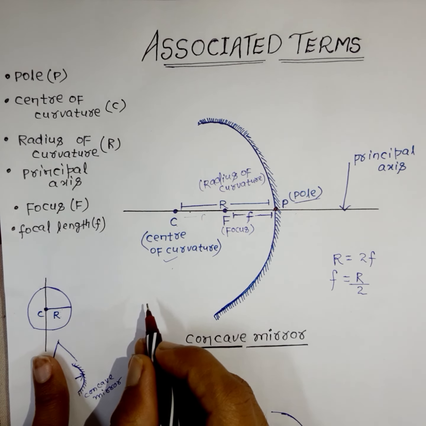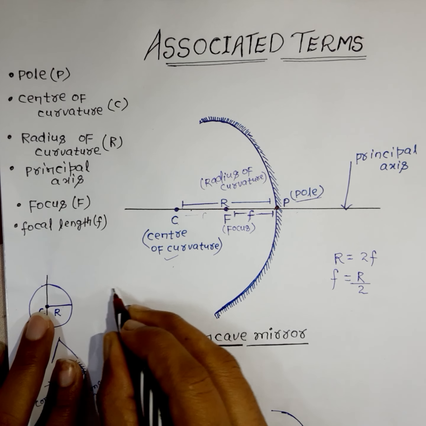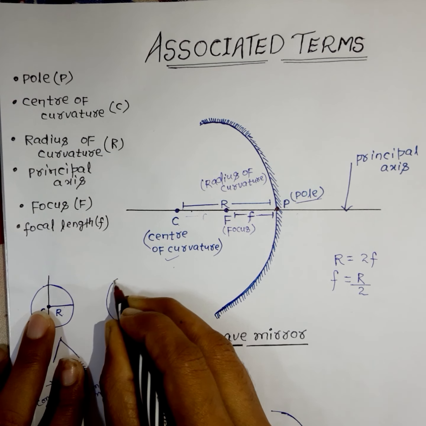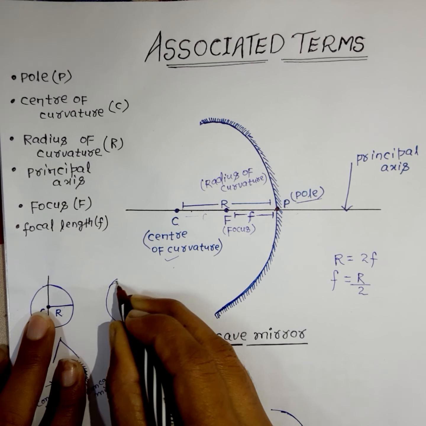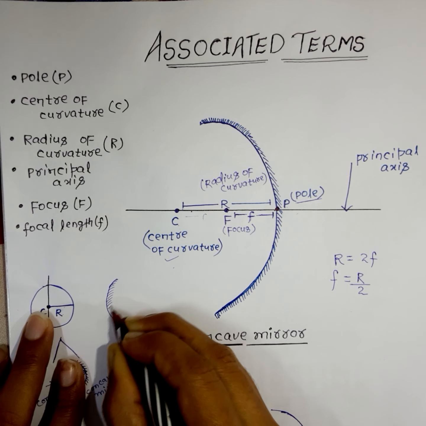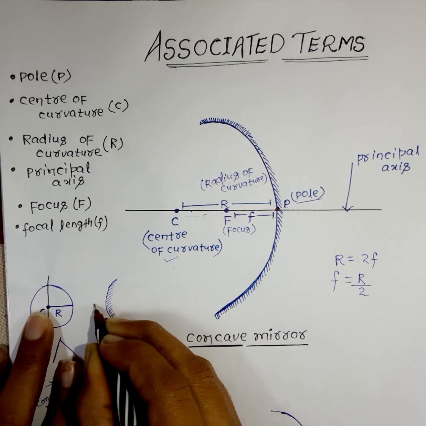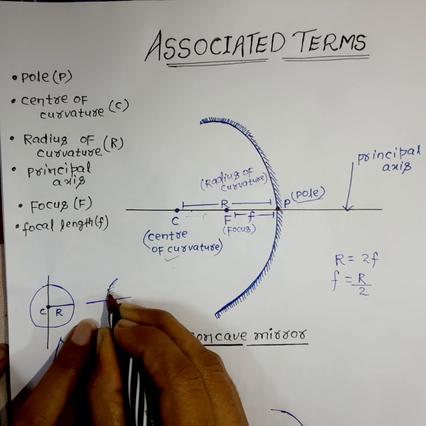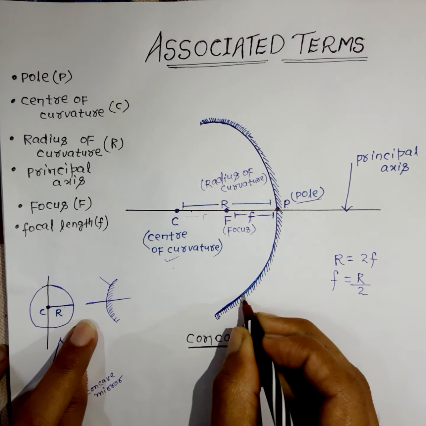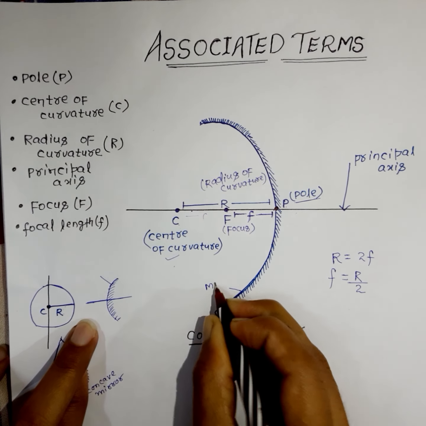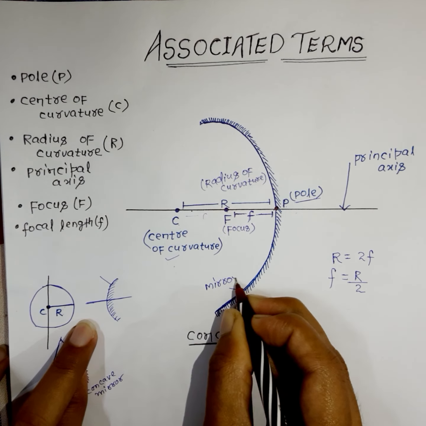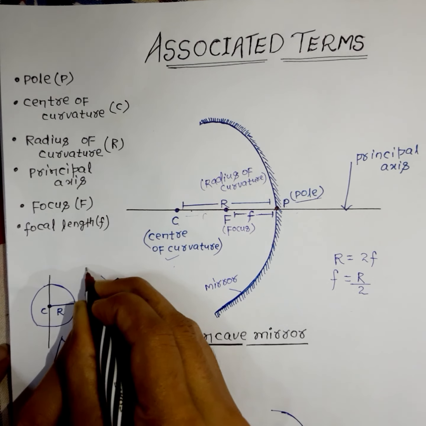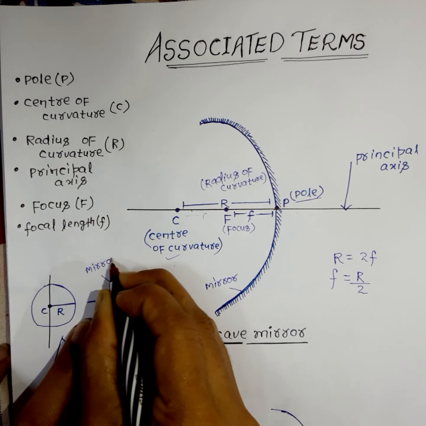But in a convex mirror, if we talk, this is the convex mirror. This inner side is the shaded side, meaning the polished side, and the outer side is the reflecting side.